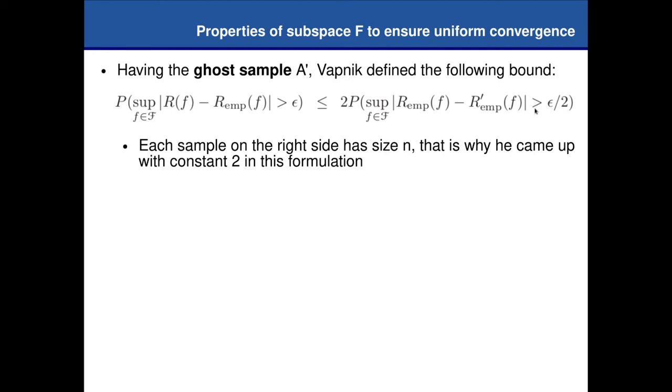Instead of representing expected risk and empirical risk, because we have no way of computing the expected risk in a given real world problem, because you don't have access to the joint probability distribution, he decided to rewrite in terms of two empirical risks. One in a sample, one in another ghost sample, or in a second sample, so to speak. Okay, and he found out this result.